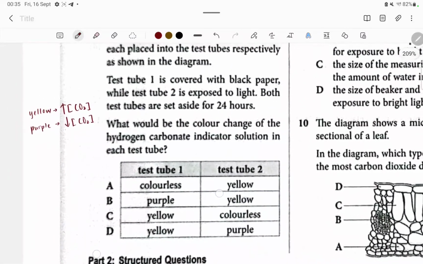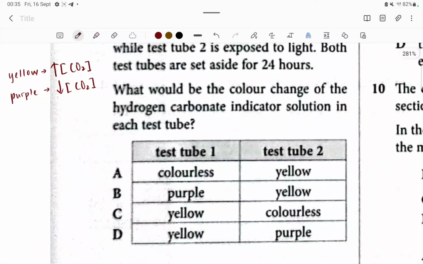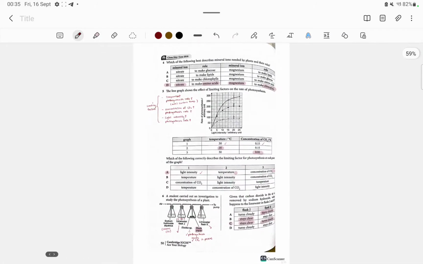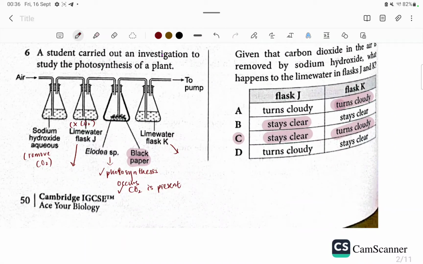So wait, let me think. Okay, this one is not about photosynthesis already.